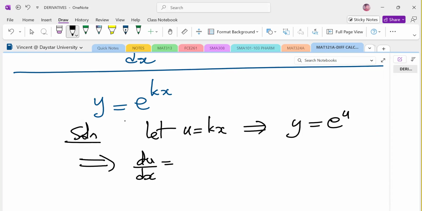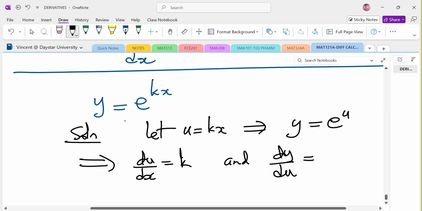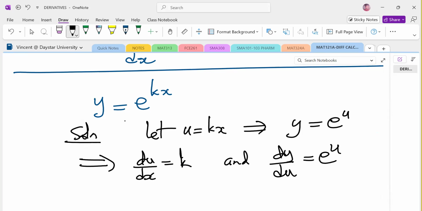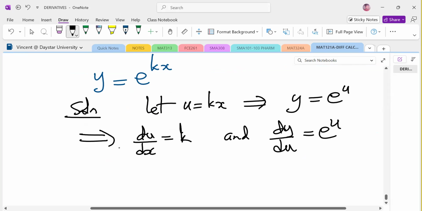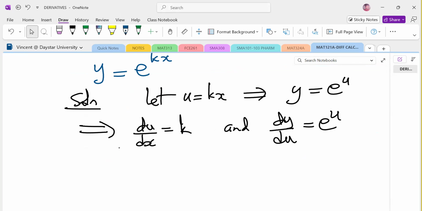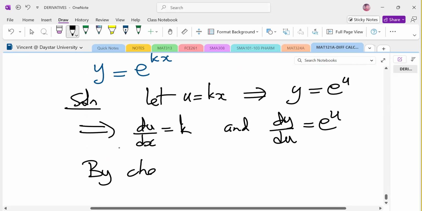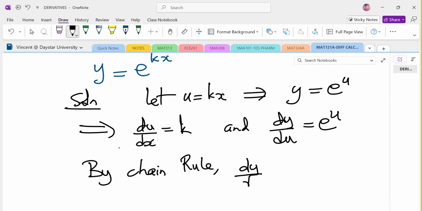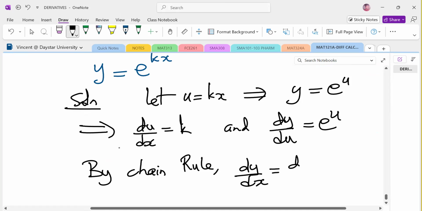Okay, correct. And dy du. e power u, because when you differentiate exponential, it means the same thing, correct. So by chain rule, dy dx is dy du times du dx.